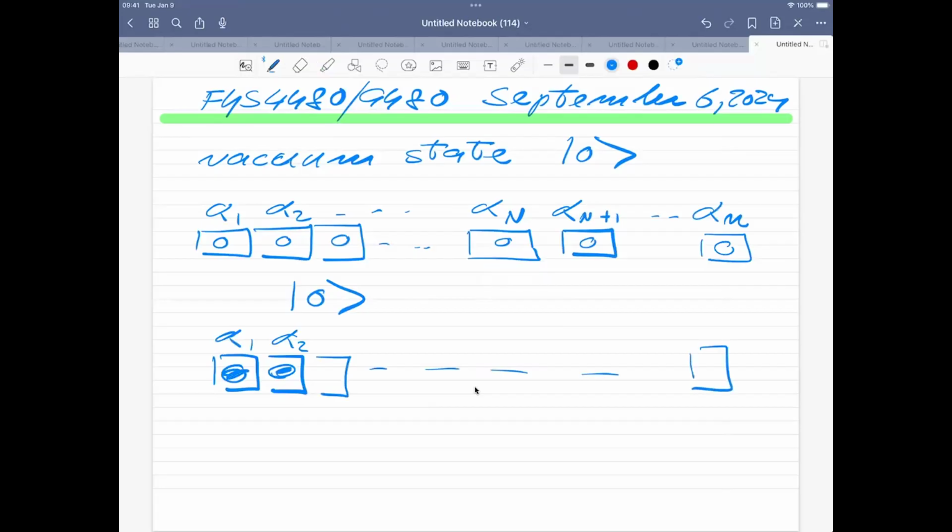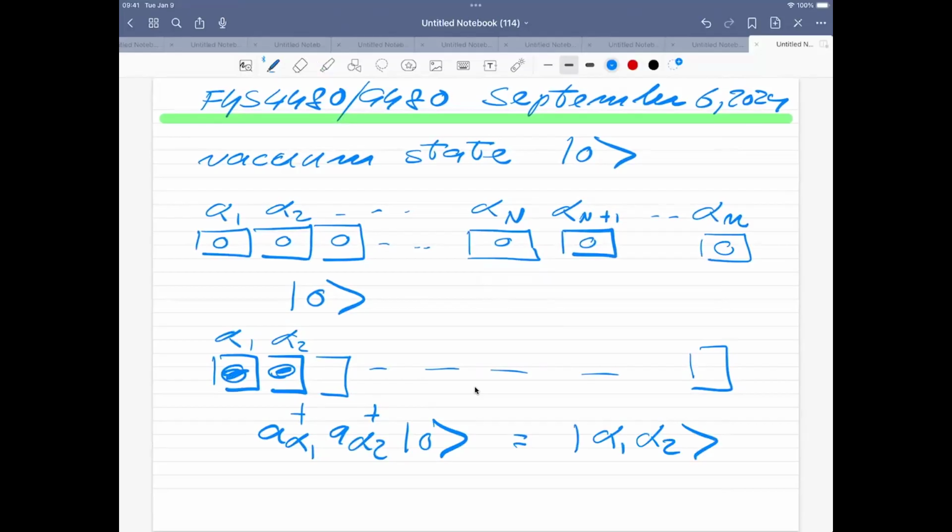This is something which we would write out as a creation operator alpha 1 and alpha 2 acting on this vacuum state. Now we are filling in states alpha 1 and alpha 2 here.